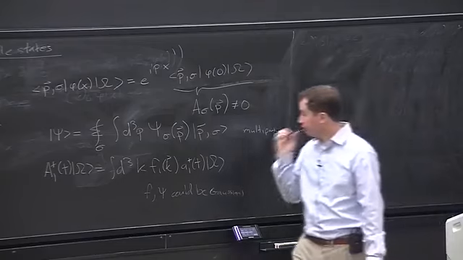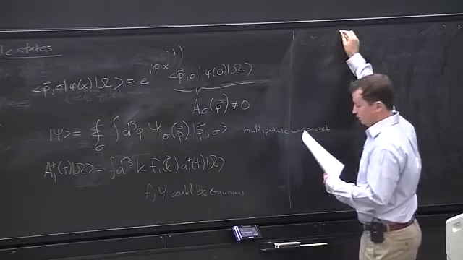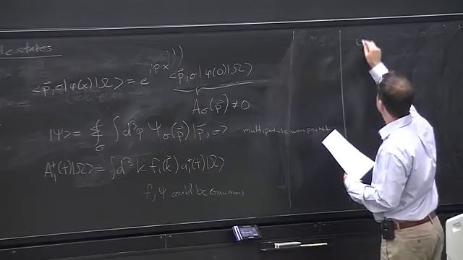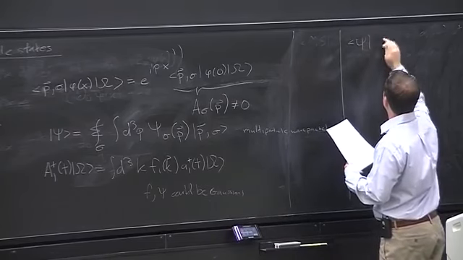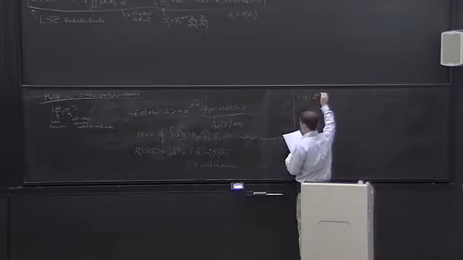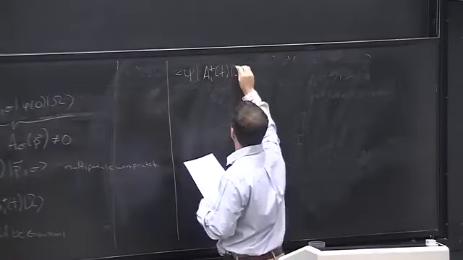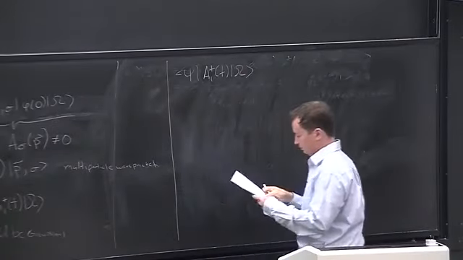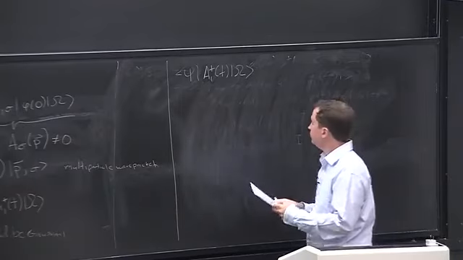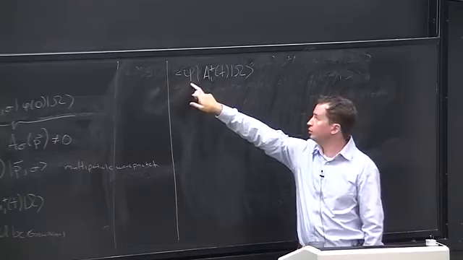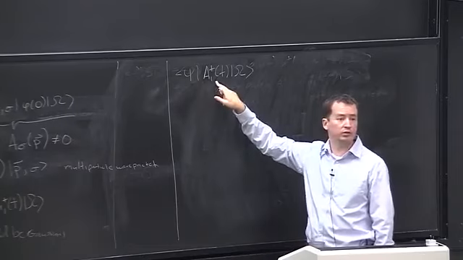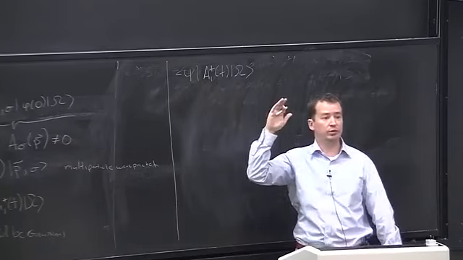And the question I want to ask is, we want to at least be able to distinguish multi-particle states from one-particle states in the asymptotic past and future.